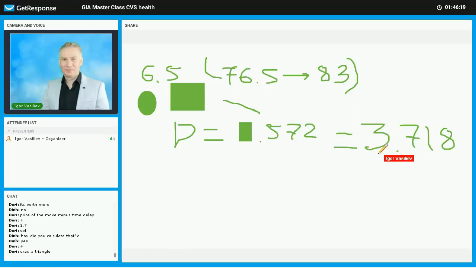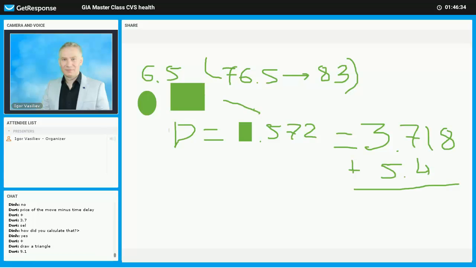And in this case, 3.71 plus the current option price of 5.40. How much is that going to be? 9.1. Okay. We can sell it at this moment.